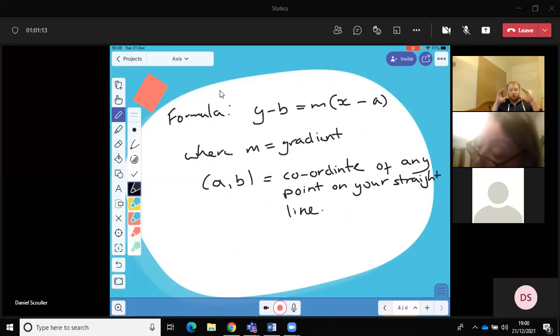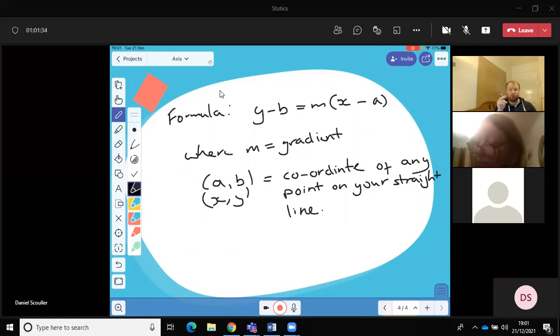So the A and B in that format, x, y, any point on that straight line, if you know the x position and the y position, you can use it in this format, and it will allow us to get to the equation of a straight line.